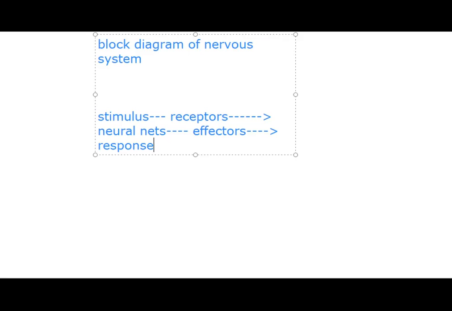That is how the block diagram of a neural network looks, how you apply the human brain in a computer computational procedure.